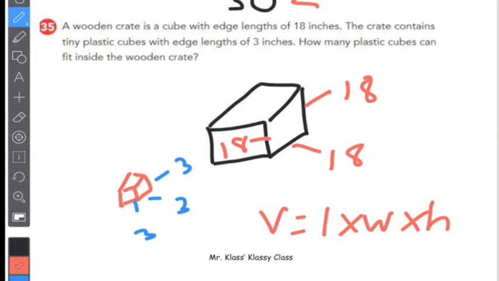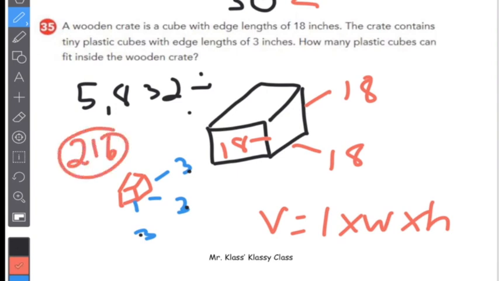Okay, so there's several ways to do this. One way is to take 18, cube it. So we could do 18 times 18 times 18, and you're going to get 5,832. And you would divide that by 3 times 3 times 3, which is 27. So when you divide by 27, you're going to get 216 cubes would fit in there.